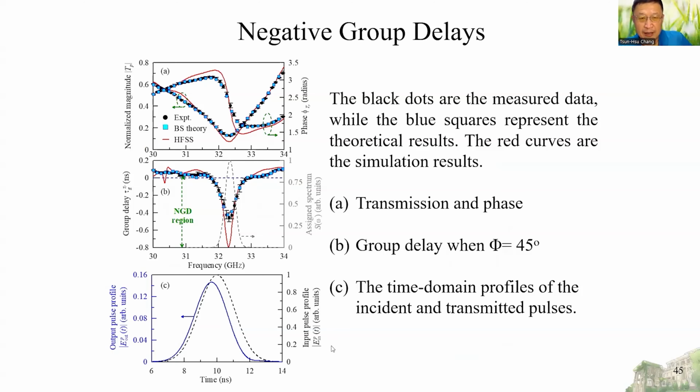This is the group delay we measured, and from the wave packet, you can see here the black dashed line is the reference signal, and the output pulse profile is shown here. As you can see, the group delay in these regions is negative, not positive, but there are also other regions where it is positive. So polarization provides a degree of freedom to control the group delay.